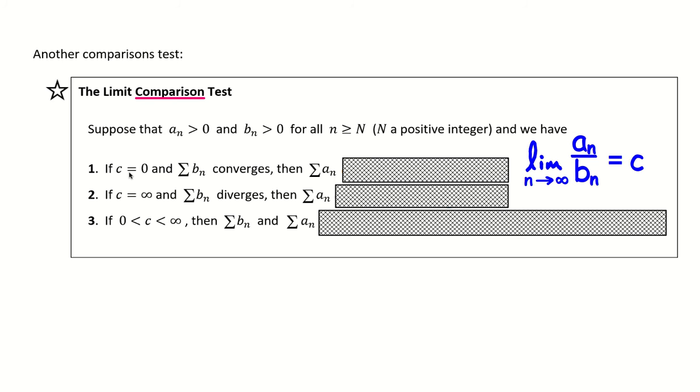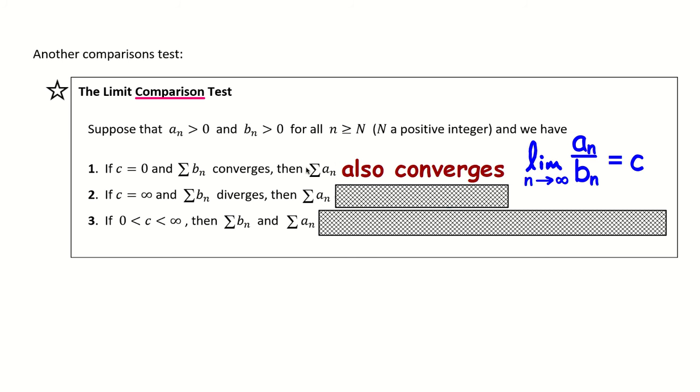Now, if C equals 0, then it's good if your comparison series converges. So this is one of the good combinations, okay? You end up with a limit of 0, and as long as your comparison series converges, then your series also converges.